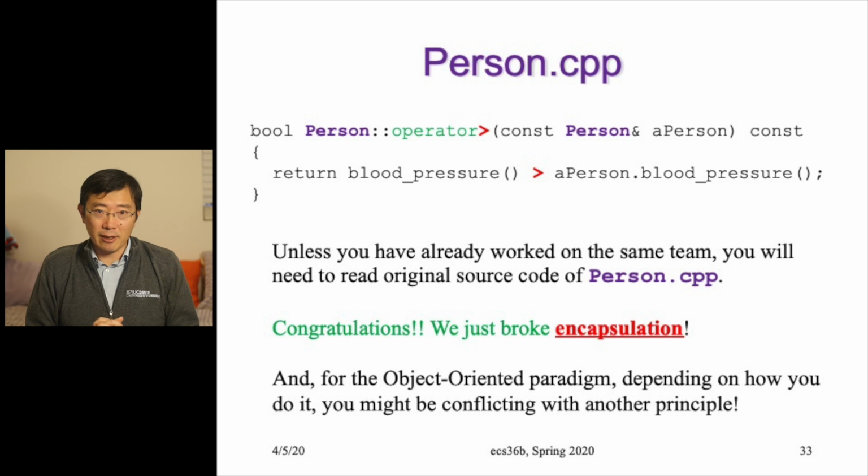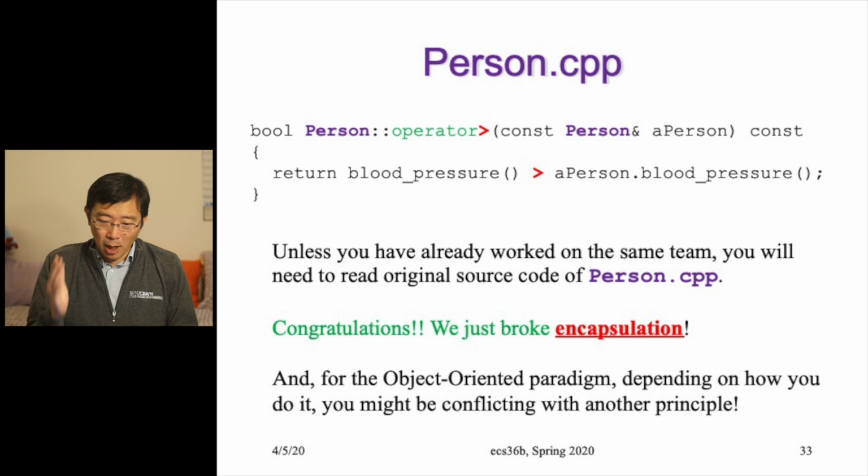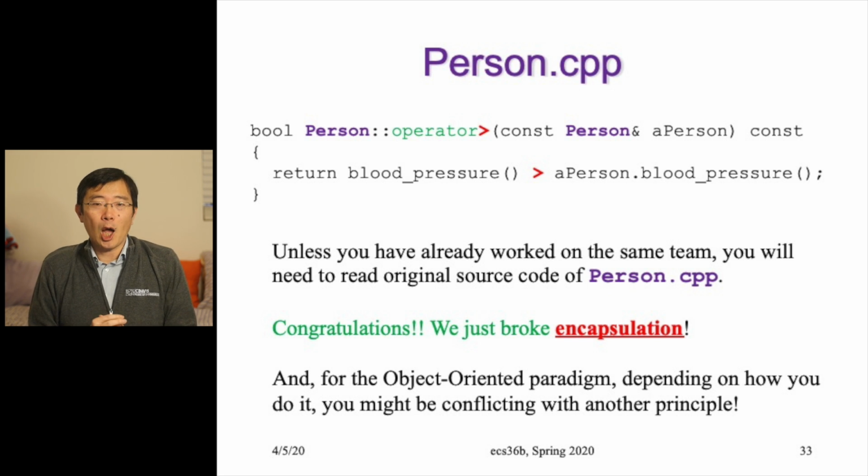Today, I showed you the example. You try to do overloading, I'm sorry, you broke encapsulation. And multiple inheritance is another one. I'm going to tell you it will break a lot of things in object-oriented principles.